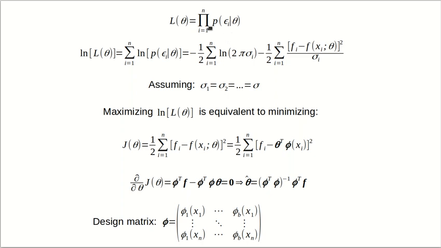Because they are independent, we can multiply over the different training data, and we have n training data. Then we can take the natural log of this likelihood, and this multiplication becomes a summation. The natural log goes into the individual conditional probability.